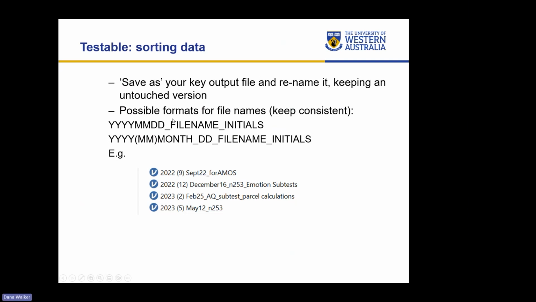There's different ways to format your file name. One of the common ones is this, right? I am a fan of this one, but I do have people that are viewing my data files who are not from Australia, right? So they're American.